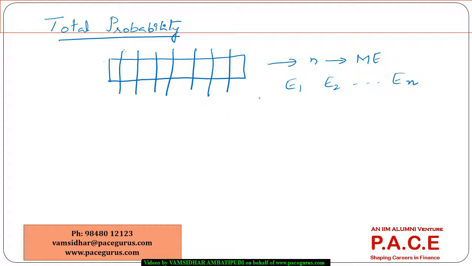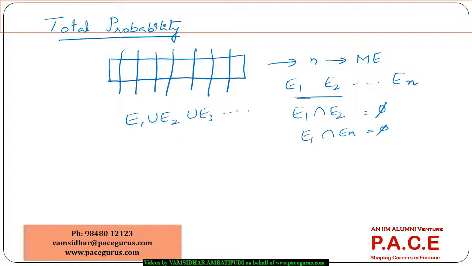Because they are mutually exclusive, the intersection between any pair, E1 intersection E2, E1 intersection En, is always a null set, and their union, all of them put together, is equal to the sample space. Because we have broken the sample space into n mutually exclusive events.